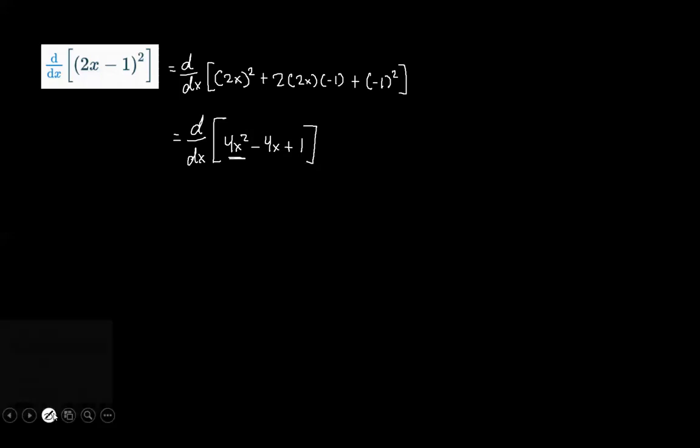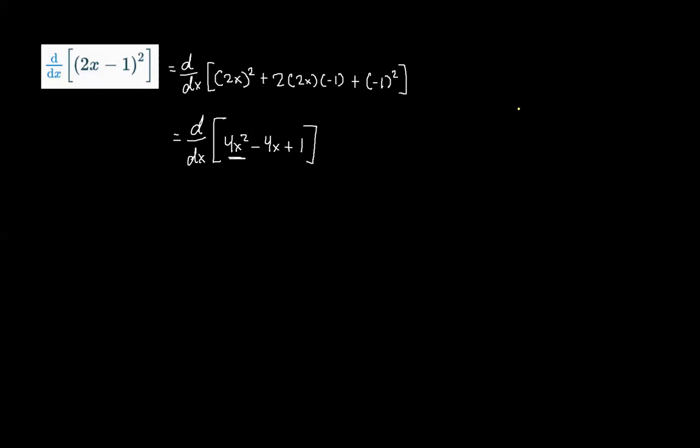So what are we going to do with that? As you can see, we're going to use the rule for a variable that has an exponent. This is what we call the power rule of differentiation.